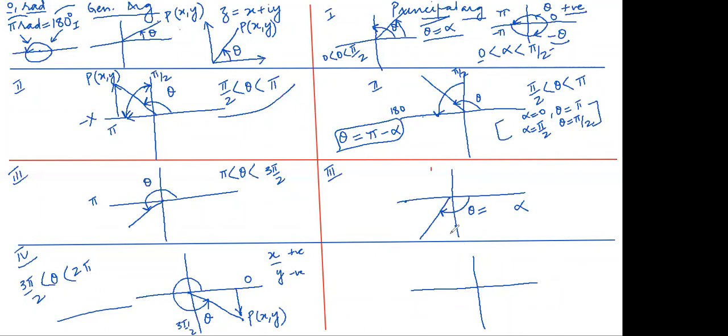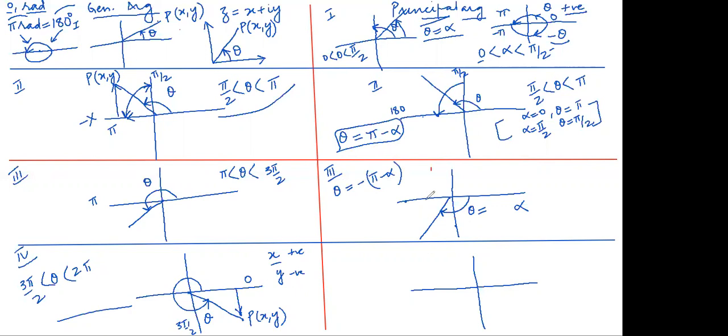The answer is a very simple trick. Whatever you have taken, how we defined theta as pi minus alpha, simply take the minus of it. Automatically it will come in this quadrant.